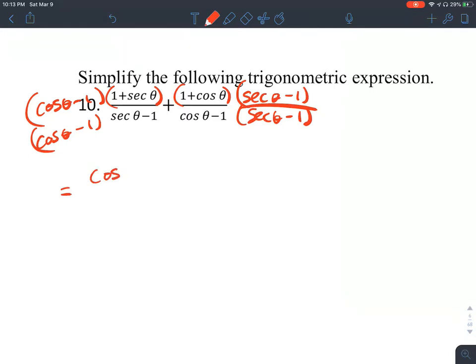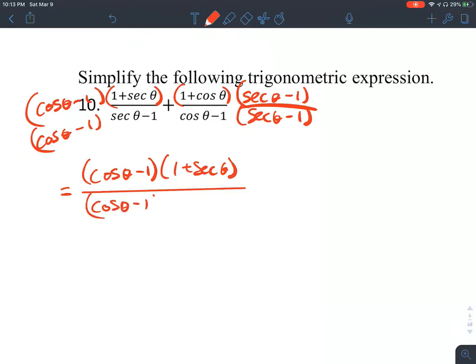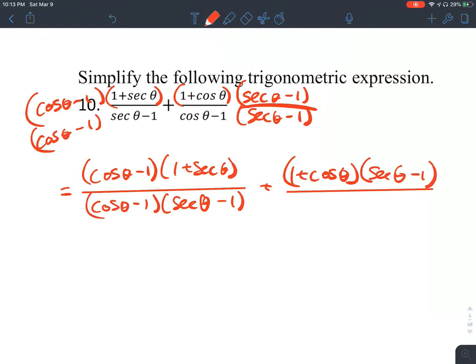We're going to have cosine of theta minus 1 times 1 plus secant of theta over cosine of theta minus 1 times secant of theta minus 1 plus 1 plus cosine of theta times secant of theta minus 1 over cosine of theta minus 1 times secant of theta minus 1.